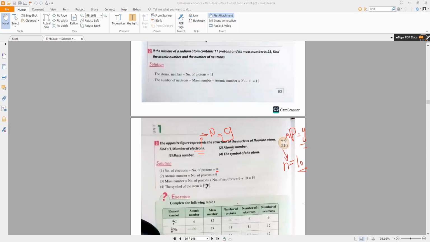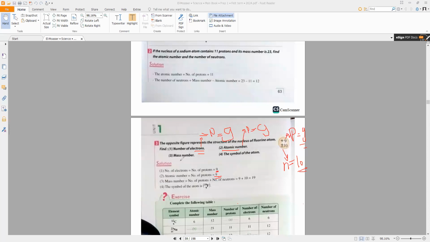Number 2, atomic number. The atomic number is the number of protons, which is 9. So the atomic number is 9. Number 3, mass number.